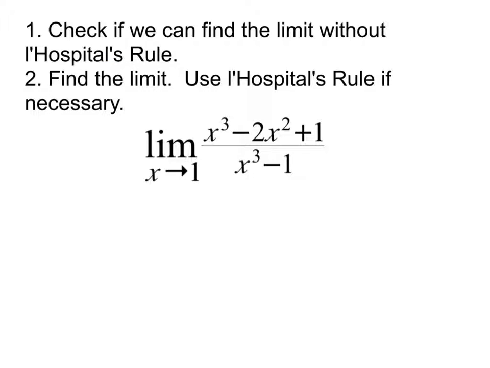Because if we can, it should make the problem a lot simpler. And if you try to use L'Hôpital's rule with something that doesn't meet its requirements, it gives you wrong, misleading answers. So we always need to first see if we can find the limit by some other means.